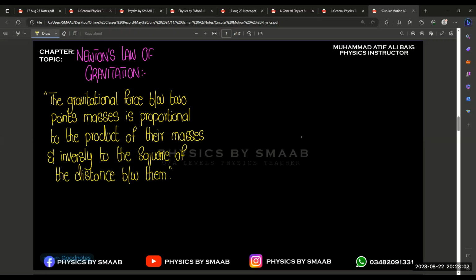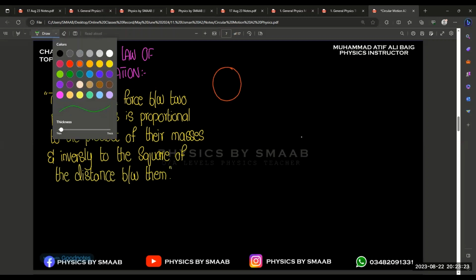The actual law is, if we want to find the gravitational force, we take two bodies, and between the two bodies the force of gravitation is directly proportional to the product of their masses. Suppose we consider two planets.